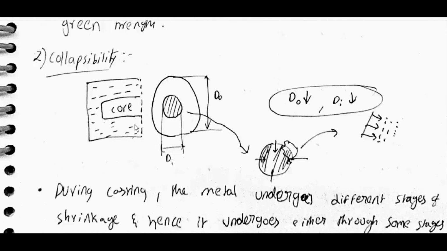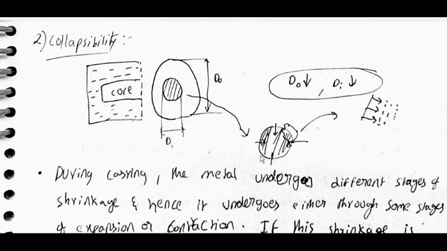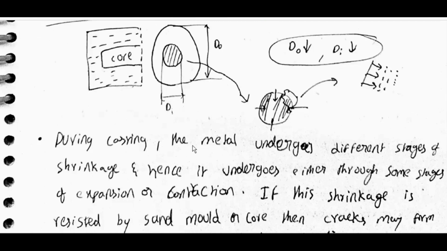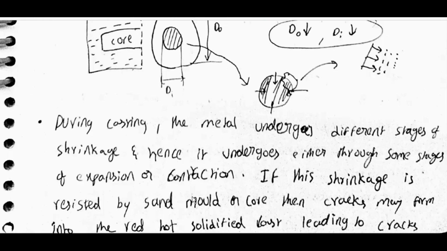Collapsibility. The strength of the mold decreases during casting. The metal undergoes different stages of shrinkage and hence it undergoes either some stages of expansion or contraction.